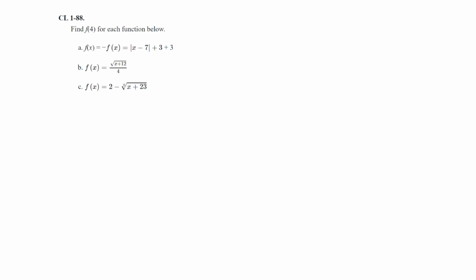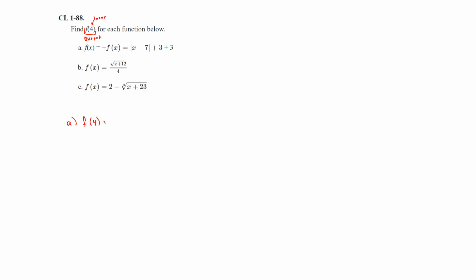Question 88. Find f of 4 for each function below. So remember, the 4 represents your input, and then the whole thing represents your output. So if I'm looking for f of 4 for part A, then we will plug in 4 into the function.